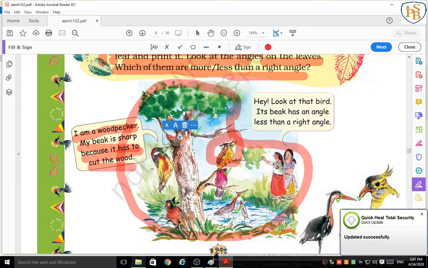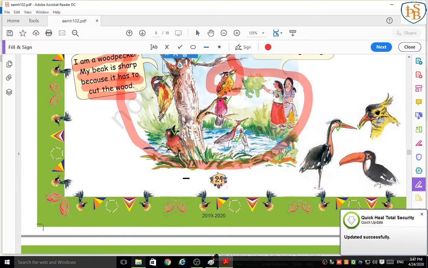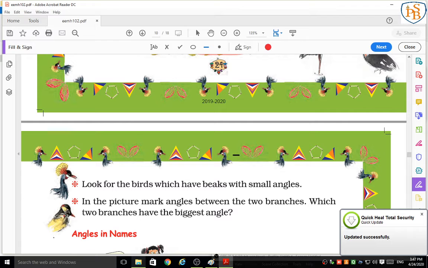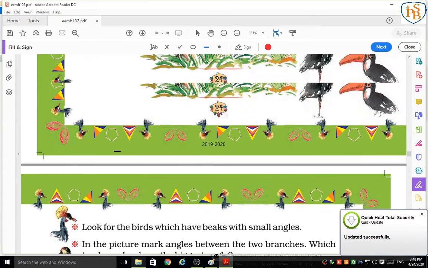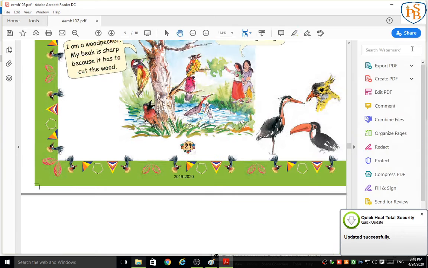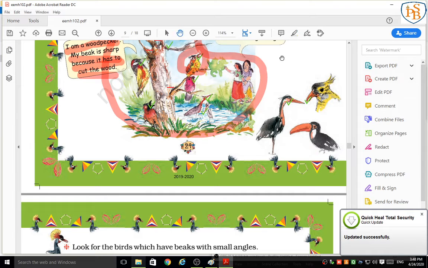Correct? Here one is a small one, means less than 90 degree. Correct? So what is the question? If we see the picture carefully, just you have to tell which two branches have the biggest angle. Okay, like that we will find out the different types of angles.